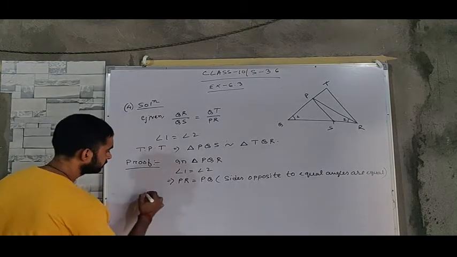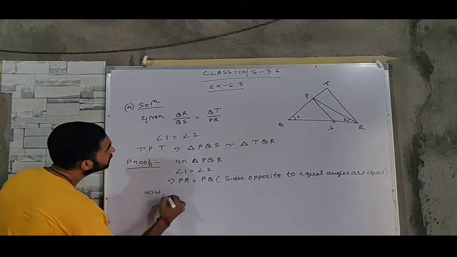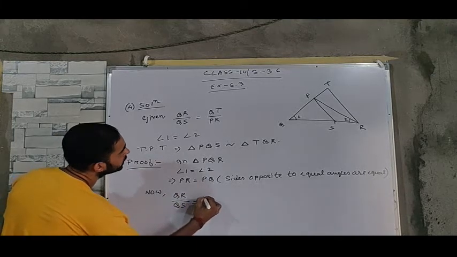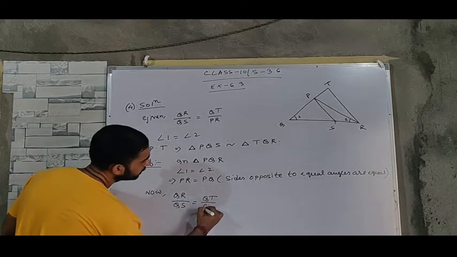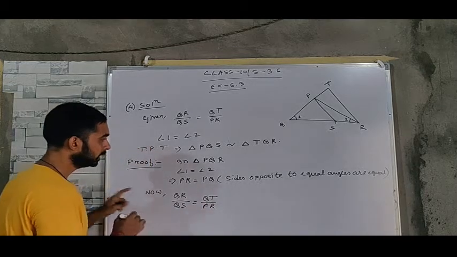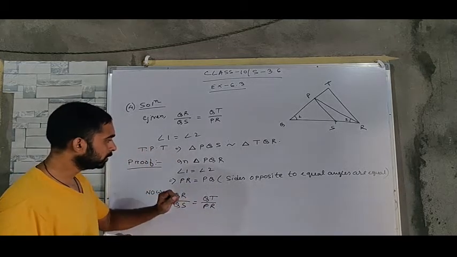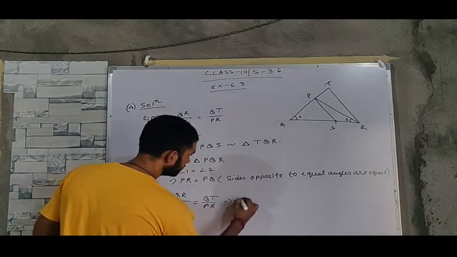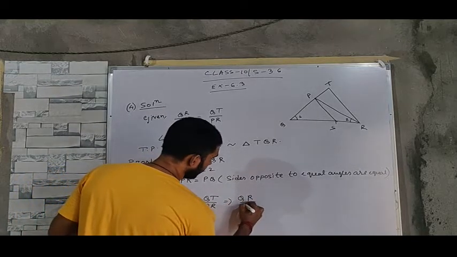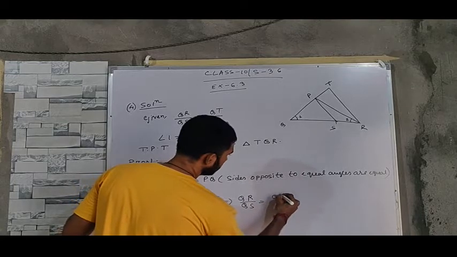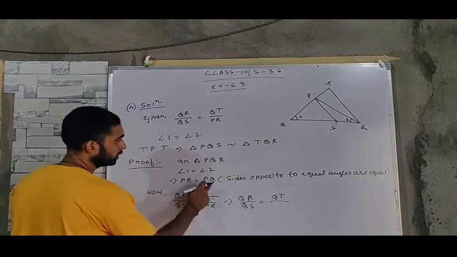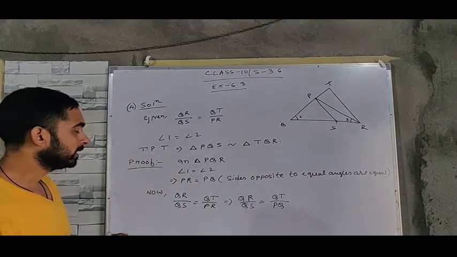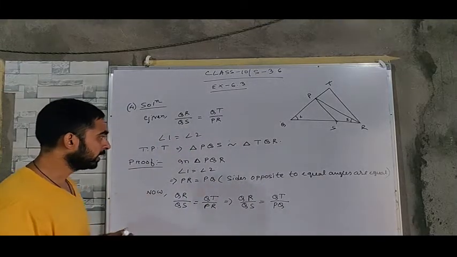Now QR by QS equal to QT by PR. Now see, PR equal to what? PR equal to PQ. So we replace PR by PQ: QR by QS equal to QT by PQ. Yes, done.